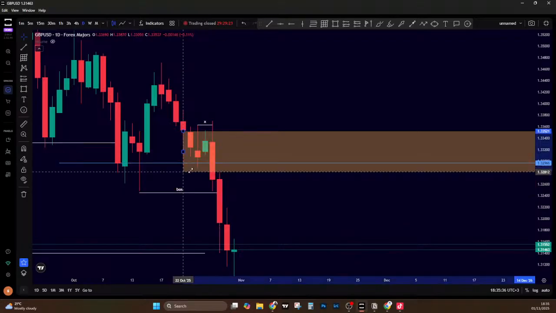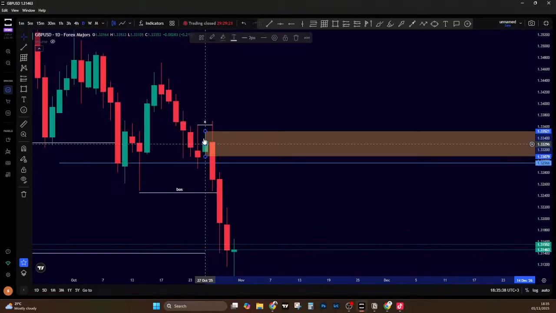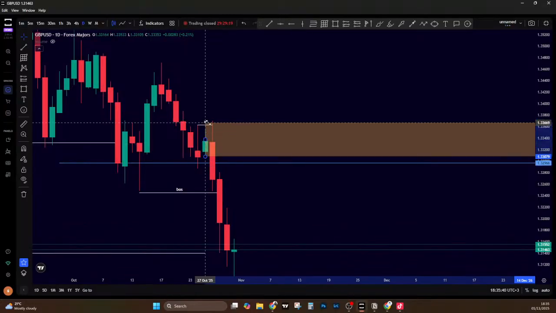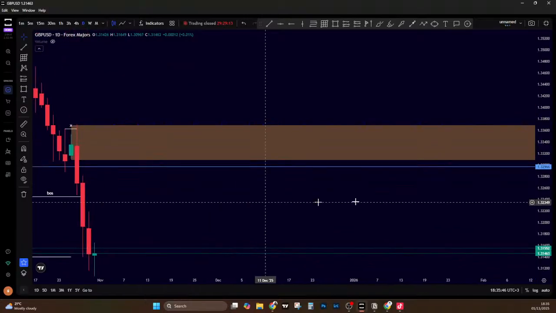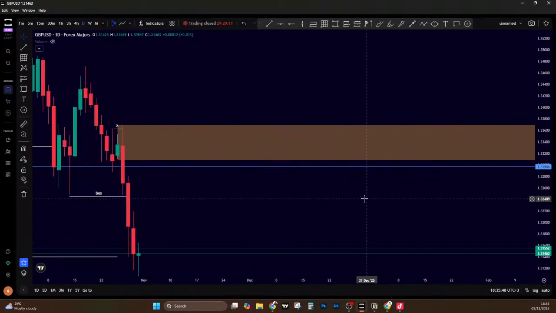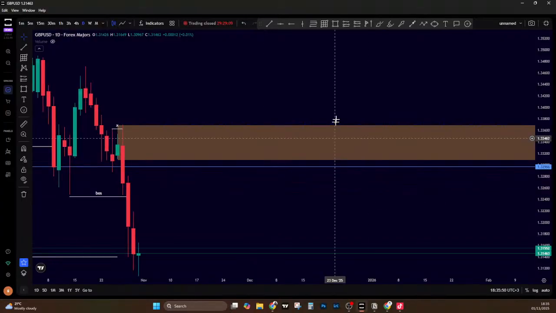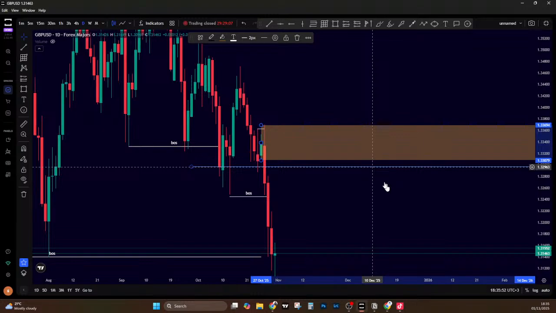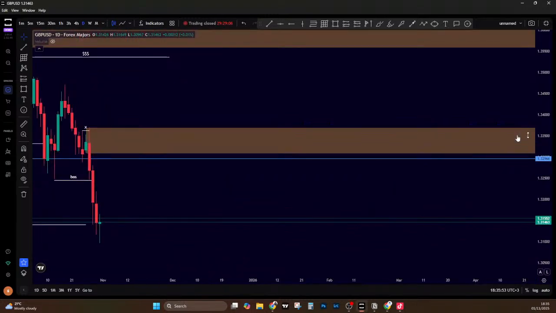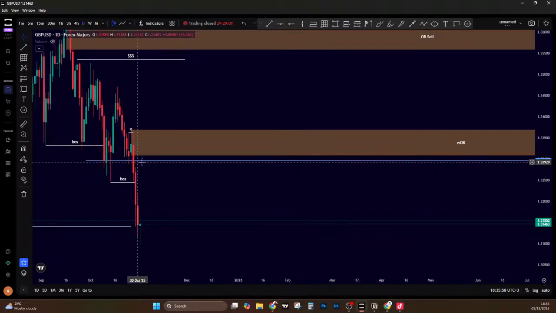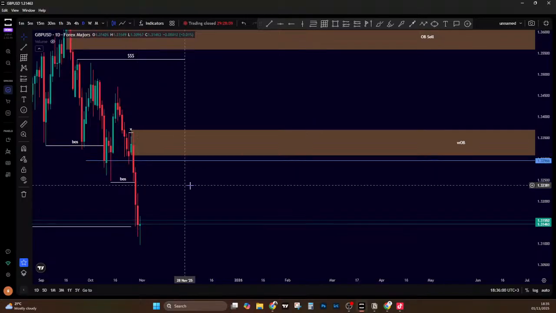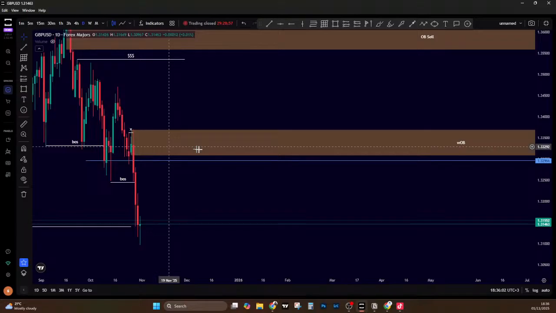That means this move here is a very good place where we can be interested, because it has taken liquidity, it has an FVG, and it has broken structure. That means there was a lot of selling pressure from this area.